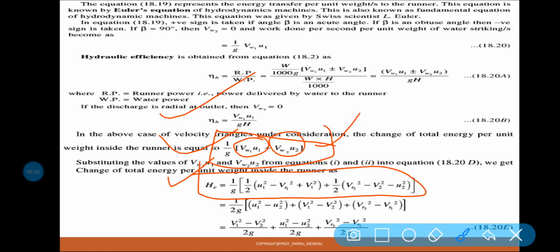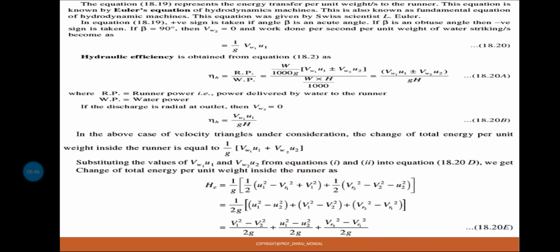That means you have to replace in the velocity triangle. No need to get the derivation, you just remember this equation will come if we are replacing this value. Clear?